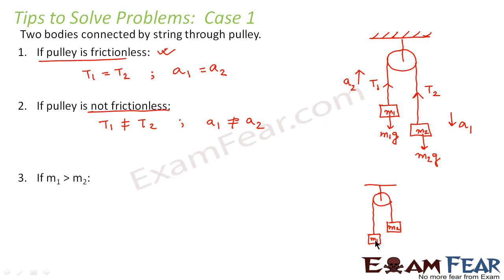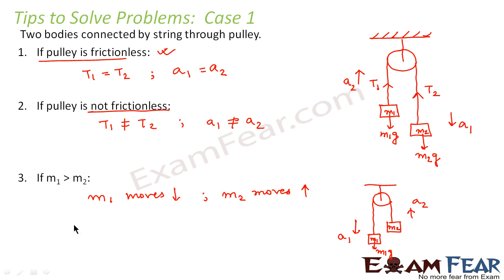Therefore, in that case, this M1 will come down. It will move downwards. That means the acceleration A1 will be downwards, whereas M2 will move up. So the acceleration will be upward.